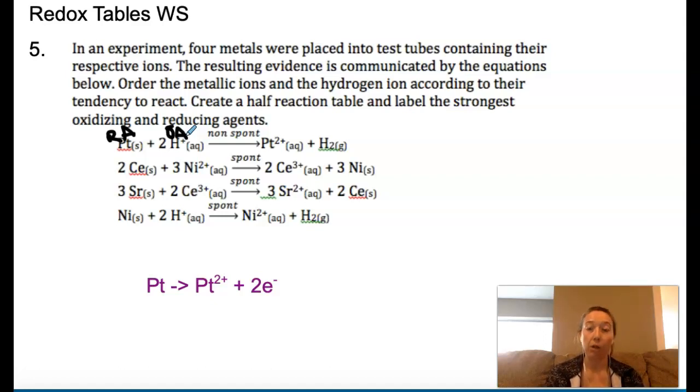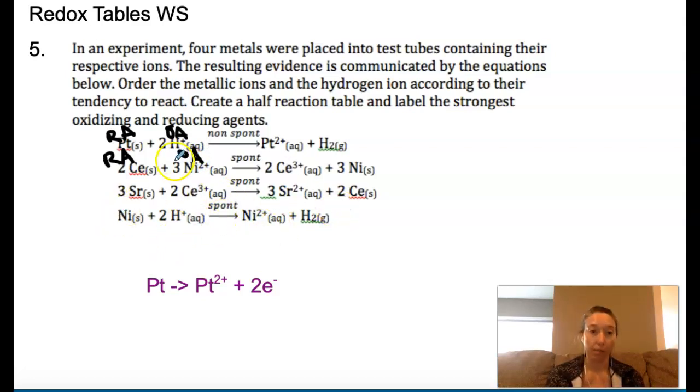We must have lost some electrons. We lost 3 electrons to go from no charge to a +3. If we lost electrons, it was oxidation. That means this is also my reducing agent, which by default means that Ni2+ has to be my oxidizing agent.